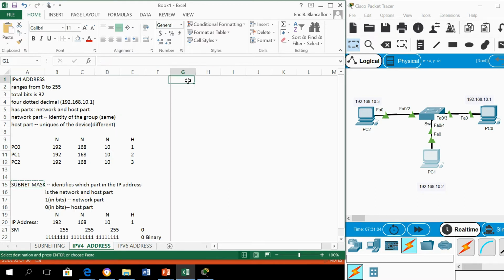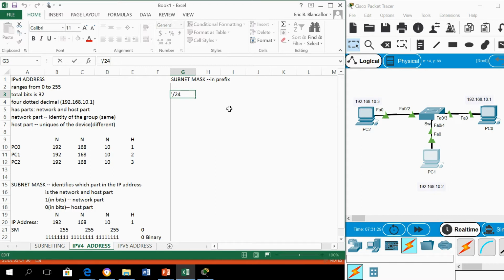Okay. Subnet mask in prefix. So for example, we usually represent a subnet mask as /24. Okay, /24.